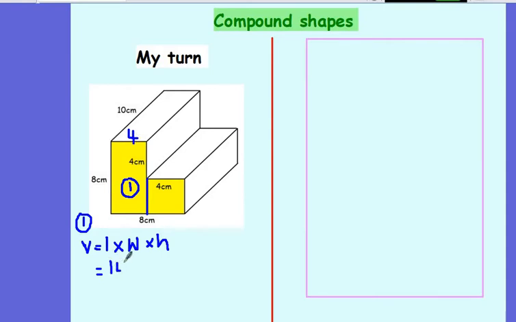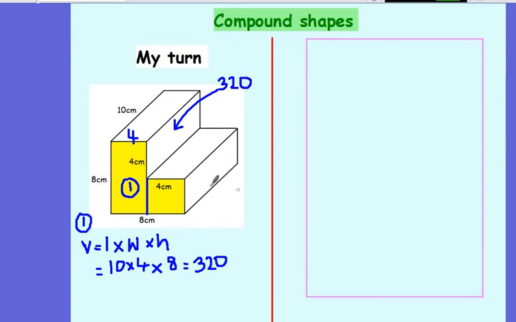So I need to do 10 times 4 times 8. 4 times 8 gives me 32. 32 times 10 gives me 320. So the volume of this bit here is 320.